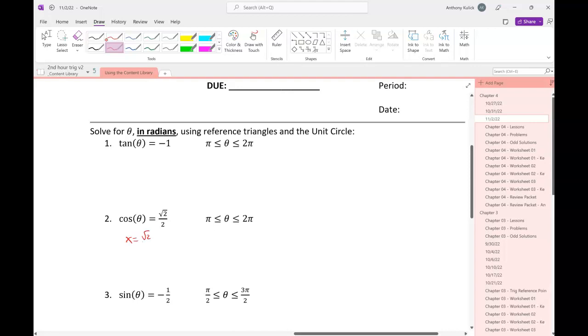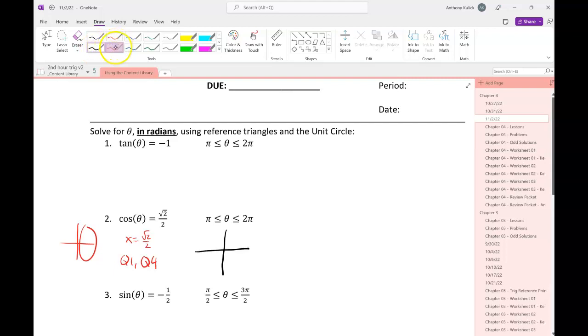Cosine is the same as x. What quadrant is x positive in? 1 and 4. Draw the picture if you need to. It's hard to screw it up if you draw the picture. You know what I'm saying?